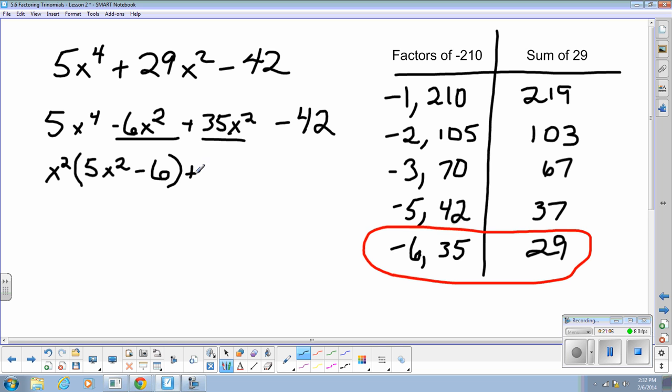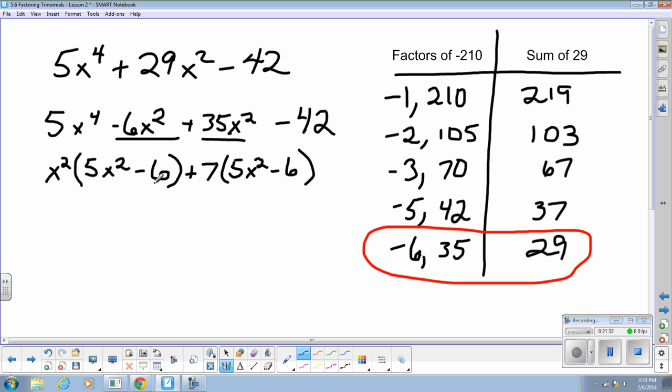The common factor there is 7. I'll put parenthesis, 35 divided by 7, that is 5. The x squared stays there. And again, I am trying to create the same factor here as in the parentheses there. Negative 42 divided by 7, minus 6.